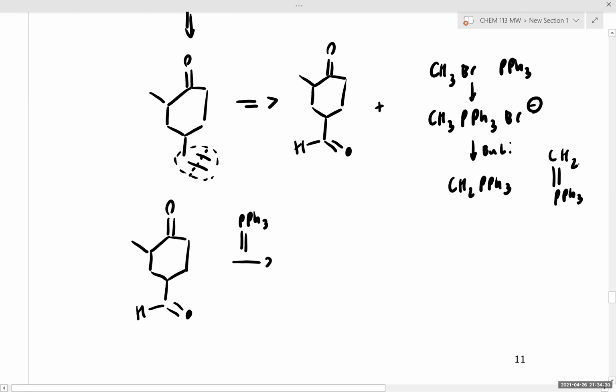Does that make sense? So for the purposes of retrosynthesis, you can just draw the Wittig reagent, but I just want you to note this is derived from methyl triphenylphosphonium bromide. Did that clarify your question?